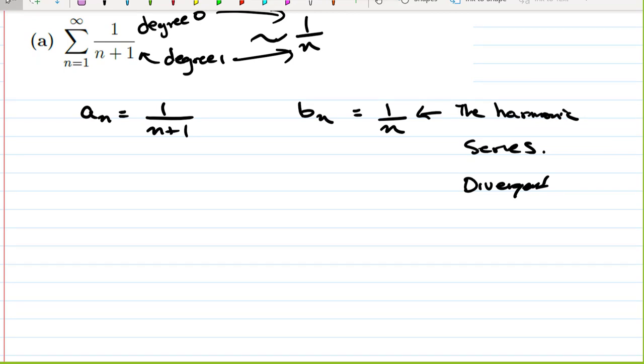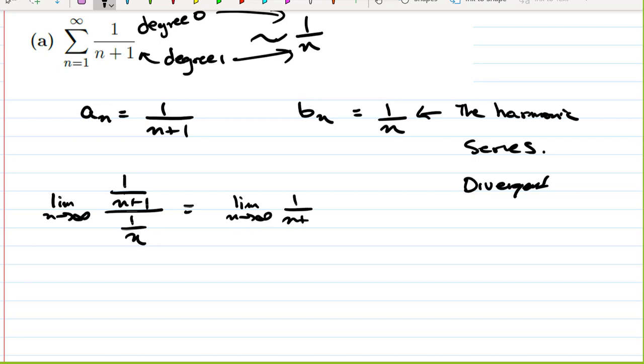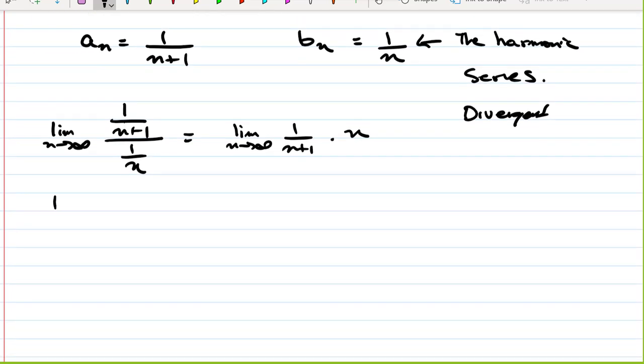So if we do limit comparison, we're going to take the limit as n goes to infinity of a_n over b_n. So that's going to be 1 over n plus 1 all over 1 over n. We multiply by the reciprocal of the denominator, so 1 over n plus 1 times n, which gives us the limit as n goes to infinity of n over n plus 1.